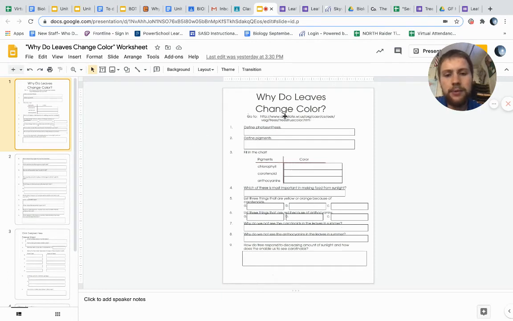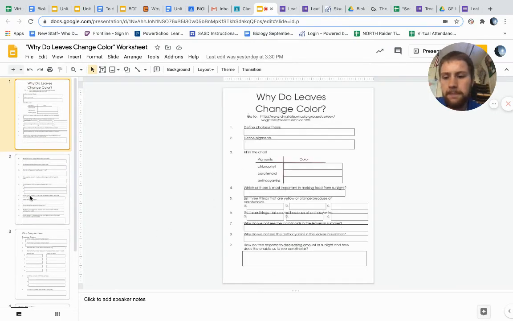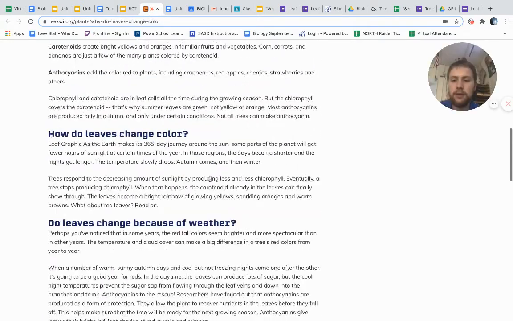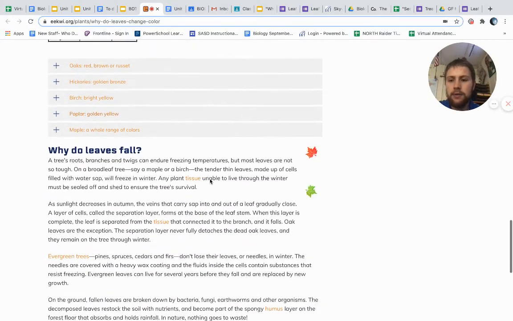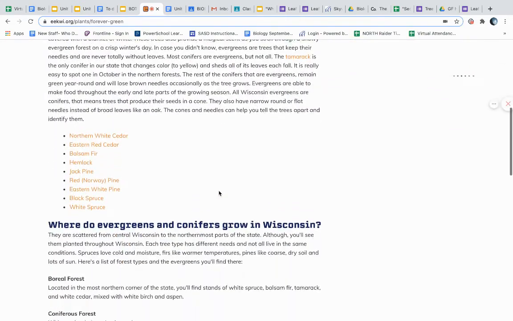So using that website that I've provided you, define what photosynthesis is, define the pigments, fill in this chart about the different pigments, and then these can all be found in the different sections. So it'll tell you, click evergreen trees, and then you'll go and you'll find evergreen trees. So for example, we can go ahead and click evergreen trees, and that'll take us to where we want to then go and reroute to our correct page.